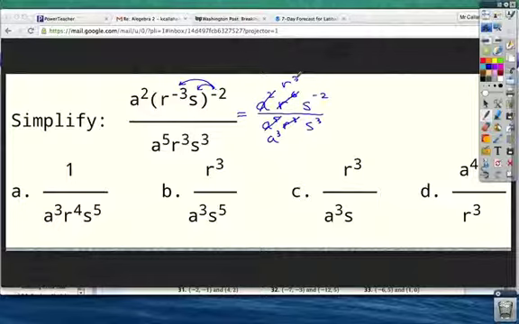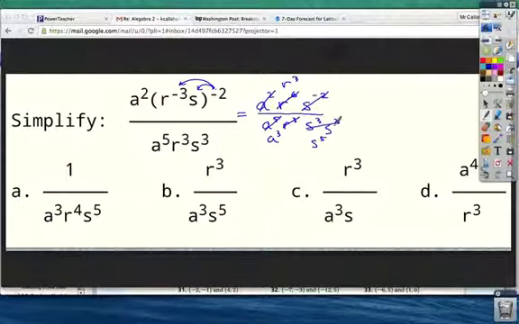And when you have a negative exponent, the way you get rid of the negative exponent is you would flip it to the denominator. It would become a positive exponent. So this here is like saying s to the 3rd, s squared. Now, properties of exponents would tell you s to the 3rd times s squared, add the exponents, that's s to the 5th.